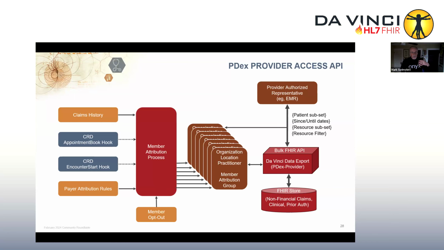But additionally, as Bob will cover in the next section on prior authorization, there are some emerging hooks coming out of the clinical decision support framework, where the CRD, the Coverage Requirements Discovery implementation guide that Bob will talk about, also has a couple of interesting hooks. One is for an appointment book, and the other is for an encounter start. So these could actually be used at the payer's choice to be evidence effectively of an impending treatment relationship.